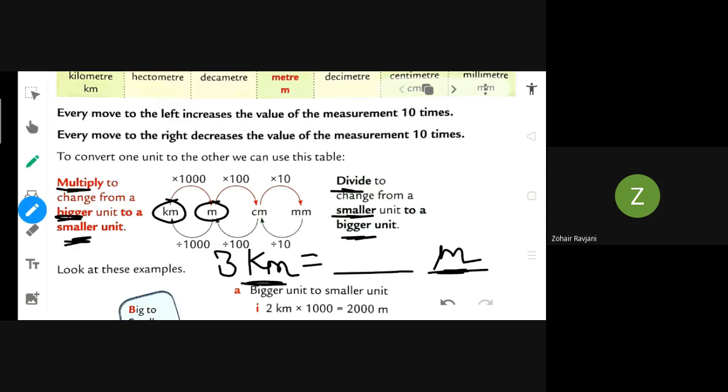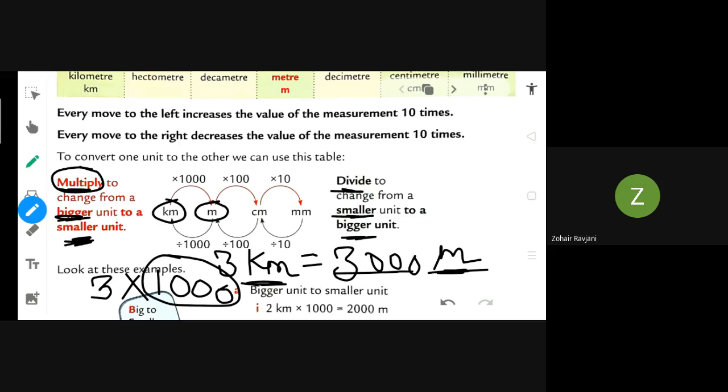Kilometer is bigger, means we are converting bigger to smaller, so we have to multiply. So we have to multiply 3 with 1000. Why with 1000? Because 1 kilometer equals to how many meters? 1 kilometer equals 1000 meters. That's why we are taking 1000. Okay, ma'am.